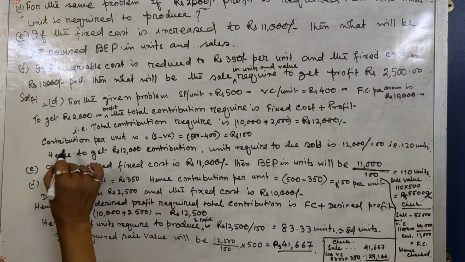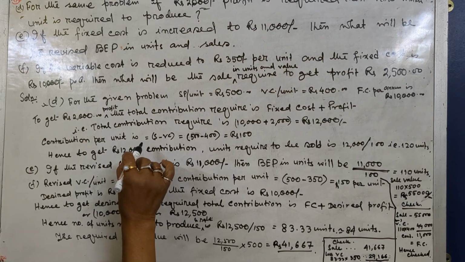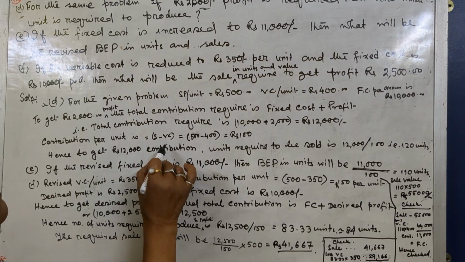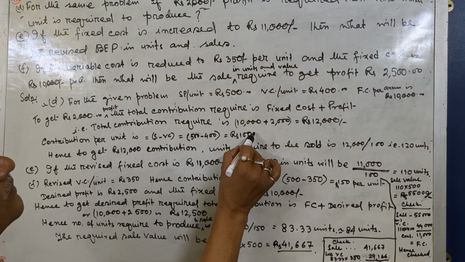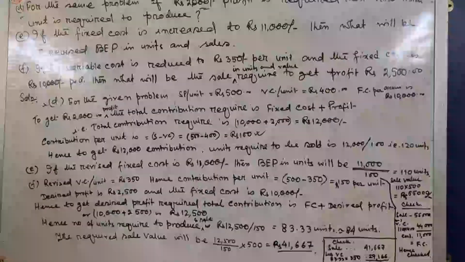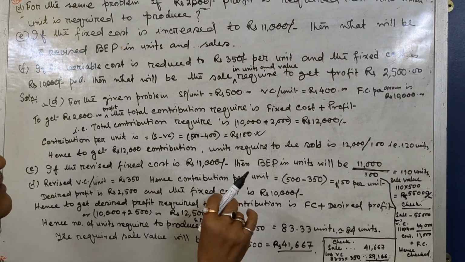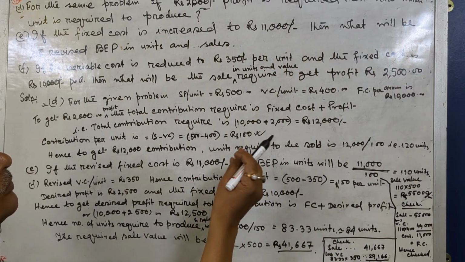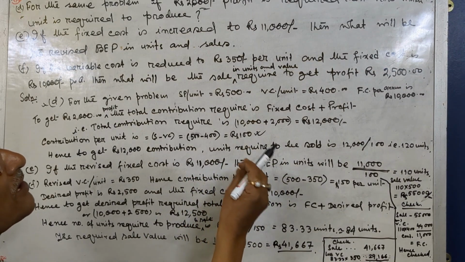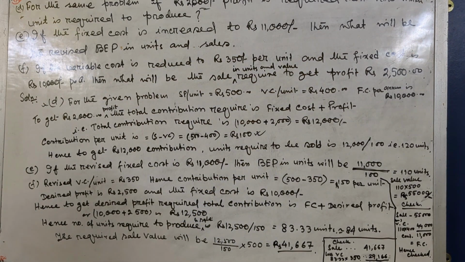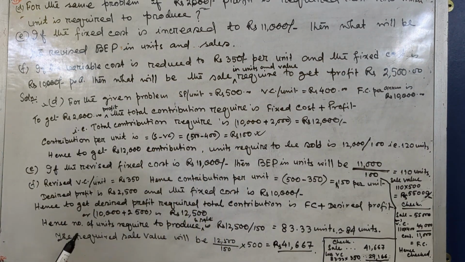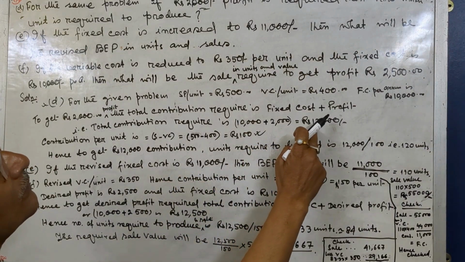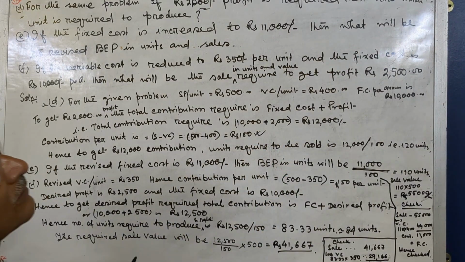Now, you have already found out that contribution per unit is rupees 100. Sales minus variable cost per unit is the contribution per unit. If you sell 1 unit in the market, then you will get rupees 100 surplus, or contribution, to your contribution basket. And how many units do you need to sell to get 12,000 of contribution?